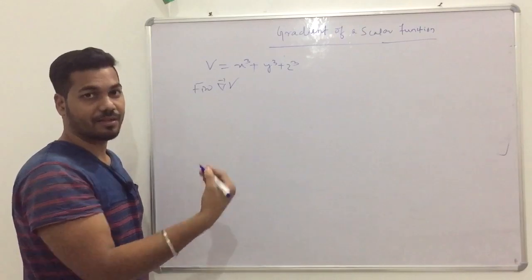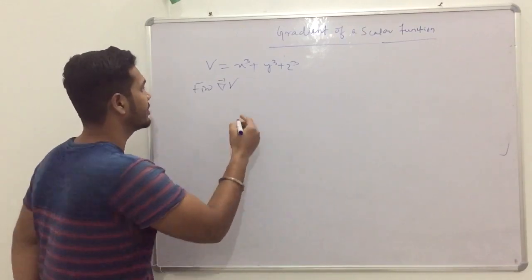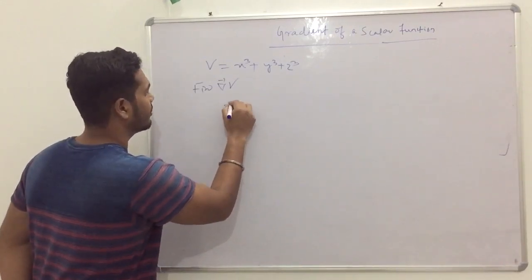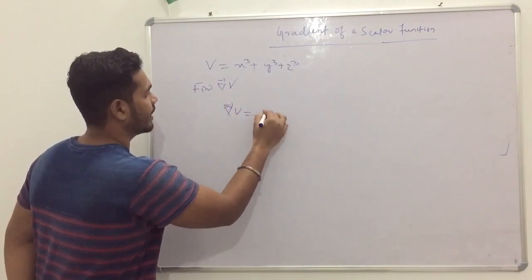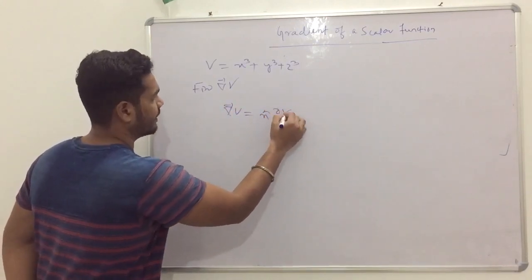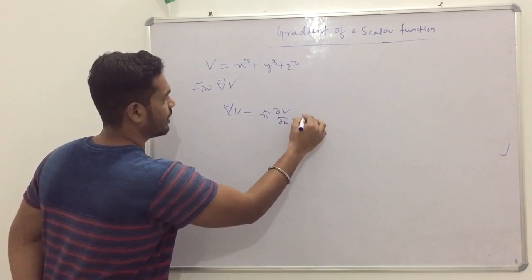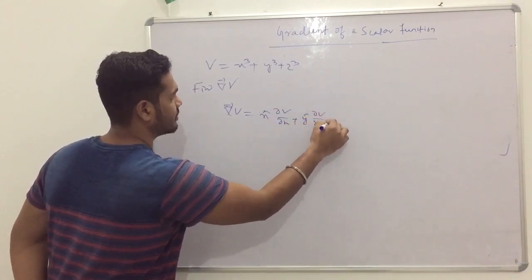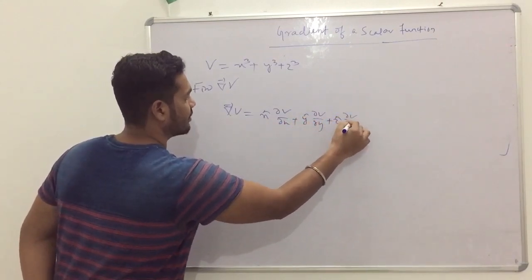You just apply the formula which we have already discussed: the gradient of V equals x cap del V upon del x plus y cap del V upon del y plus z cap del V upon del z.